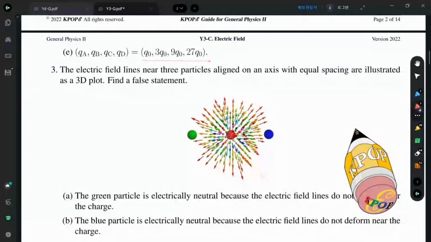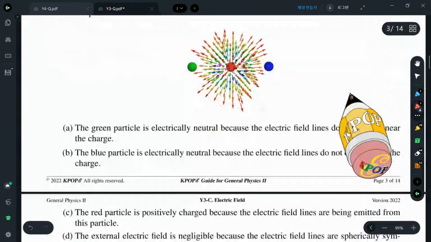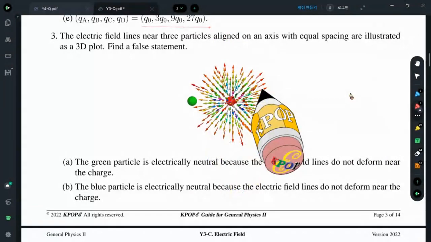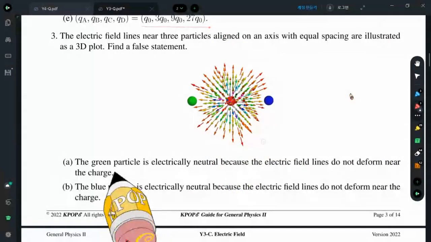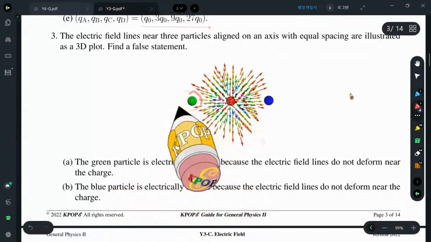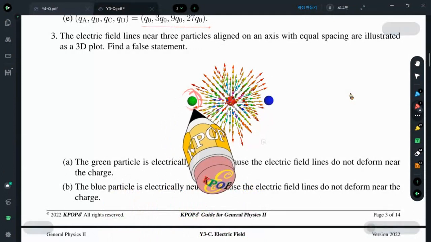We show the electric field lines due to three charges. These arrows are drawn in a three-dimensional figure. The green particle is electrically neutral. Why? There is no modification near this point.